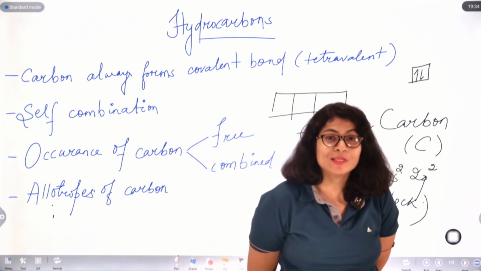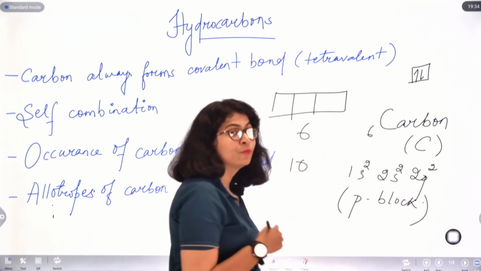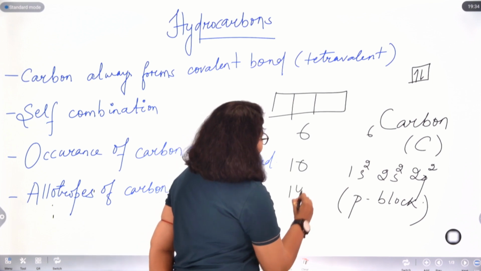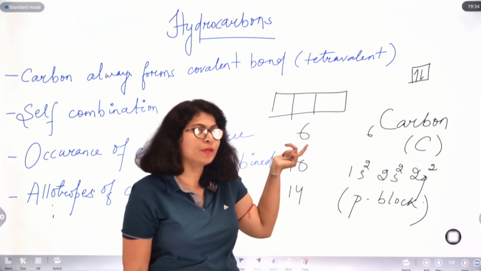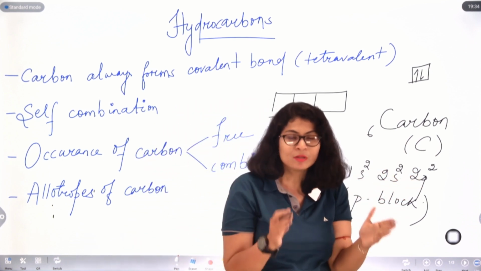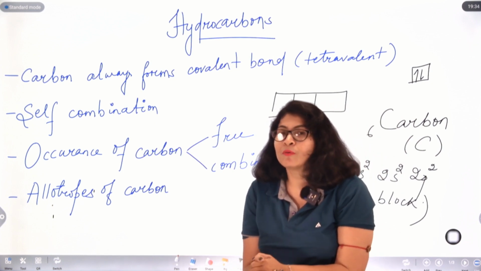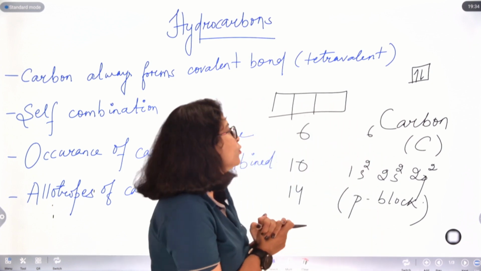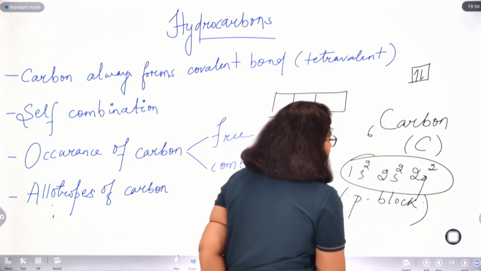Similarly for d we have 10 groups and for f we have 14 groups. Carbon is a member of the p block, the 14th group of the periodic table, with electronic configuration 1s2, 2s2, 2p2.